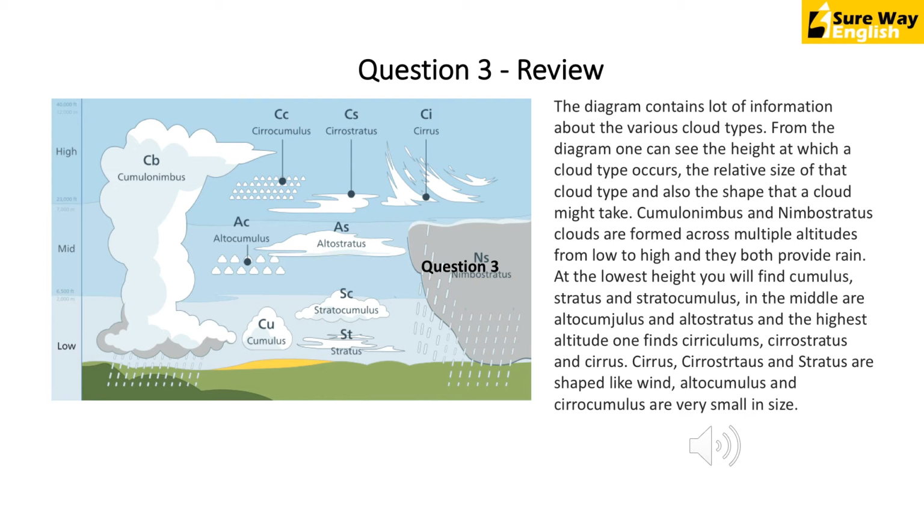Okay, so when you look at this image, you can tell that it's a scientific diagram, a climate diagram, something to do with it. What it's showing is that there are different clouds and they are at different heights. The first thing I want you to understand is that there are too many different types of clouds here.